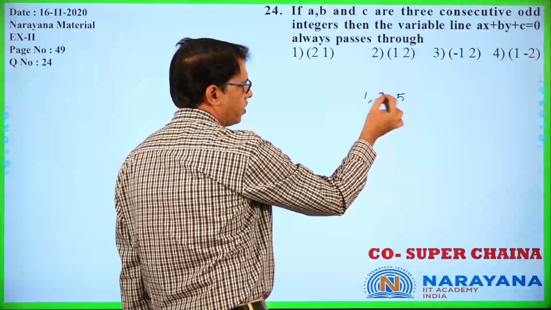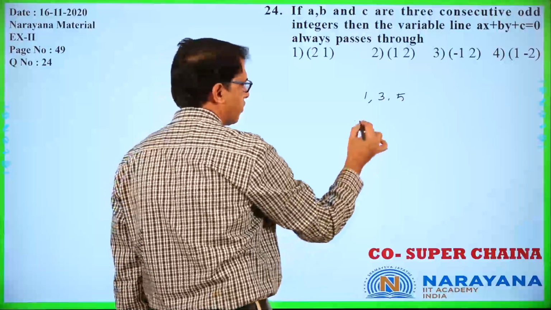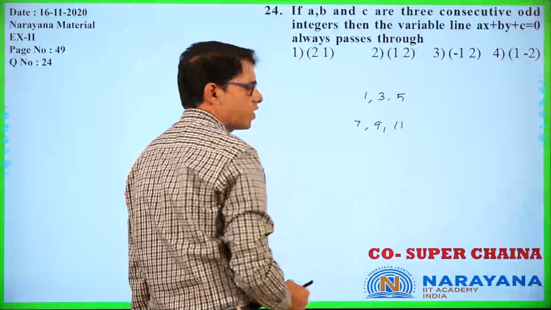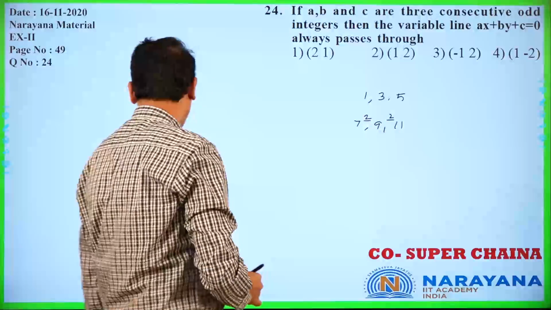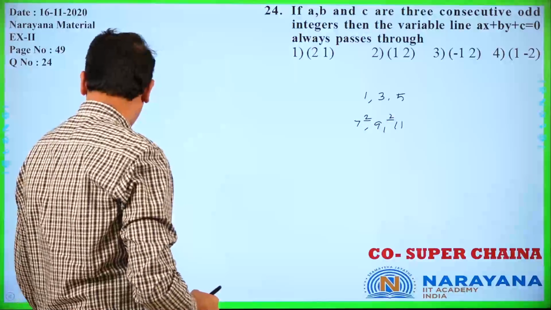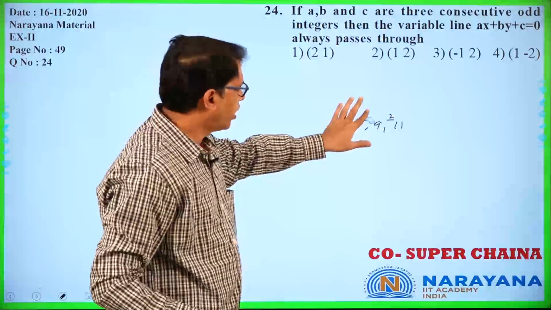If you take 1, 3, 5, they are in AP: 3 minus 1, 5 minus 3. You can take 7, 9, 11. The difference is the same, 2. Consecutive odd integers will be in AP.